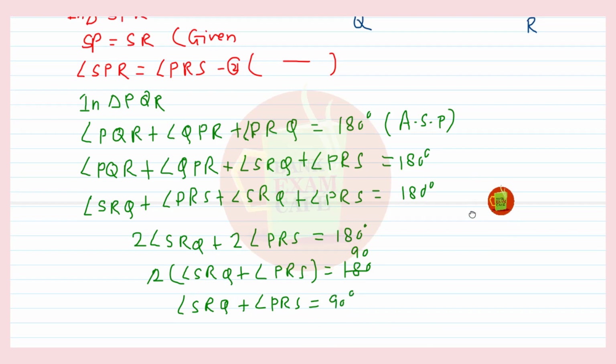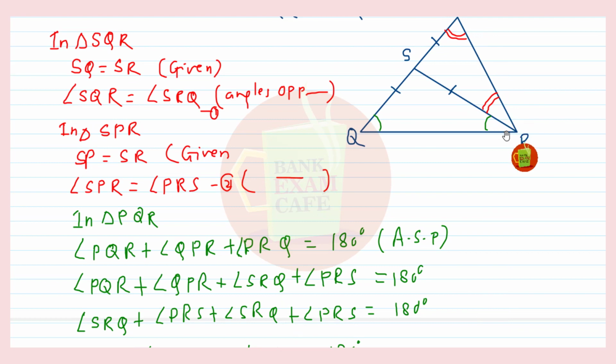Now look at the figure. These two angles, PRS and SRQ, their sum is 90 degrees, and therefore this angle PRQ is 90 degrees, and therefore this is a right angle triangle.